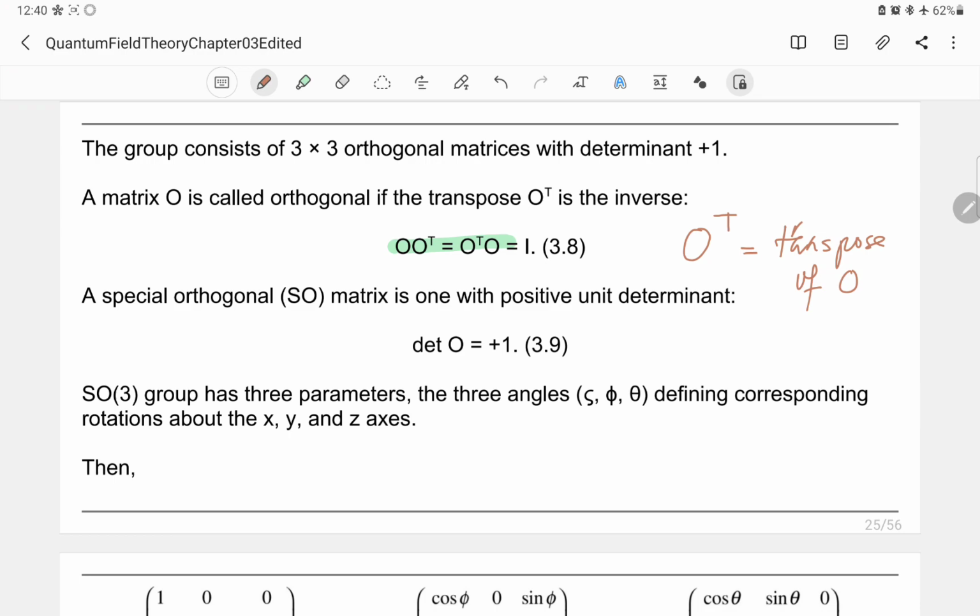A special orthogonal matrix is one with positive unit determinant, here equal to 1. The SO(3) group has 3 parameters, 3 angles, eta, phi, and theta, defining the corresponding rotations about the x, y, and z axis.